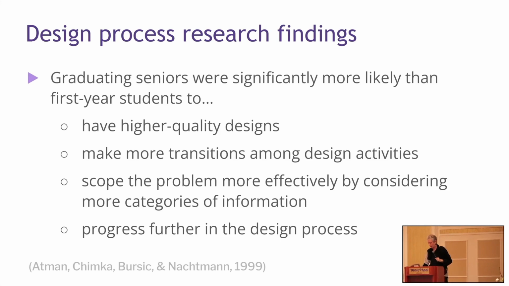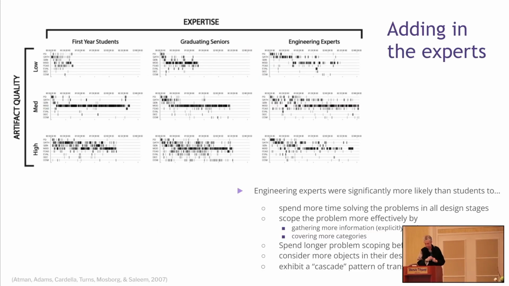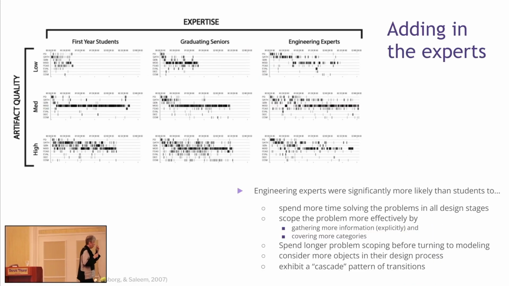If we add the expert data in from the 19 experts, the engineering experts were significantly more likely than students to spend more time solving the problems in all the design stages. So the experts sort of stayed at the table longer. They were willing to engage in the problem longer. They scoped the problem more effectively by gathering more information, covering more categories.